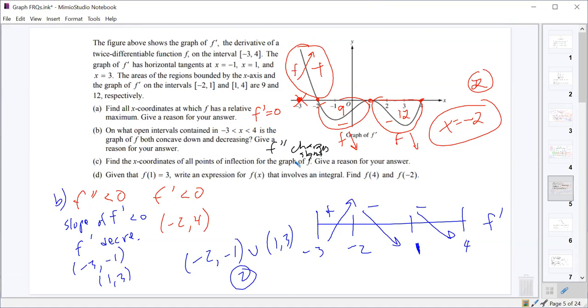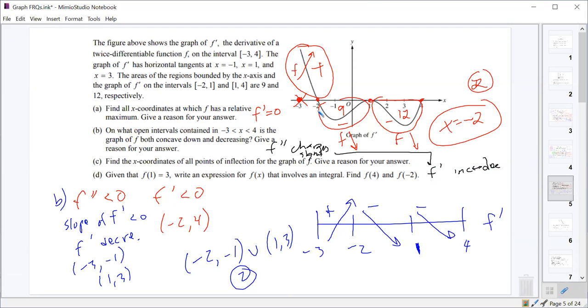And f double prime will change signs any place where f prime goes from increasing to decreasing, or decreasing to increasing. Not necessarily every time, but those are the places where it could happen.